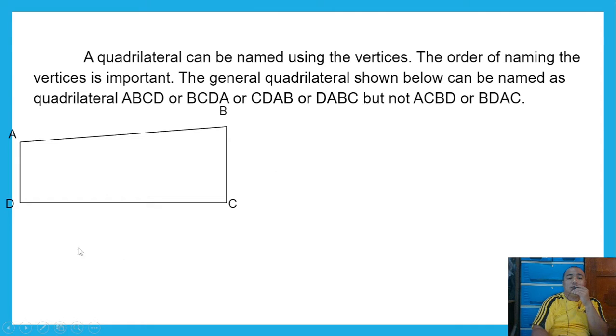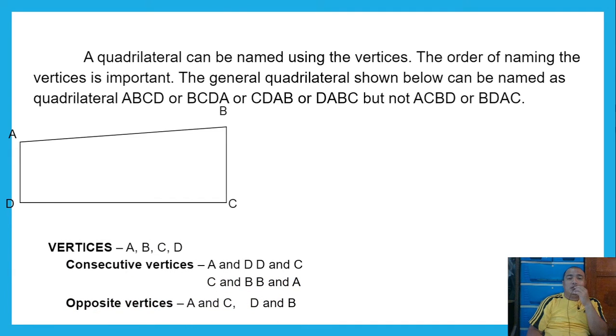It can be CDAB, or it can be DABC, but not ACBD. Okay, that's not the proper way to name it. Dapat sinusunod mo yung order ng vertices. ACBD, okay, wrong na yun.